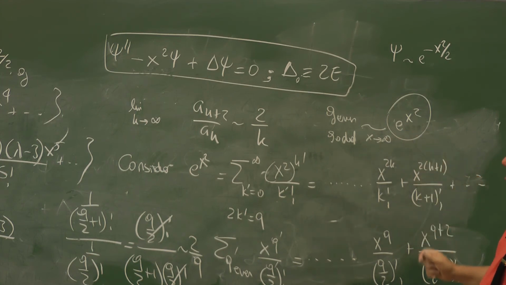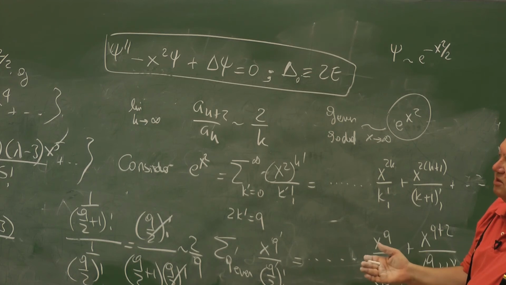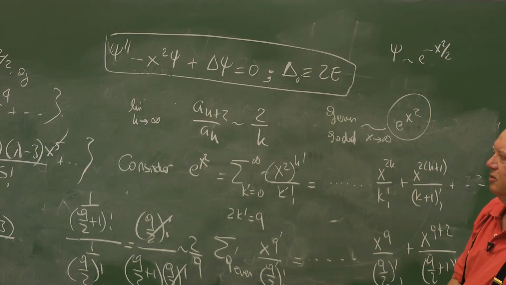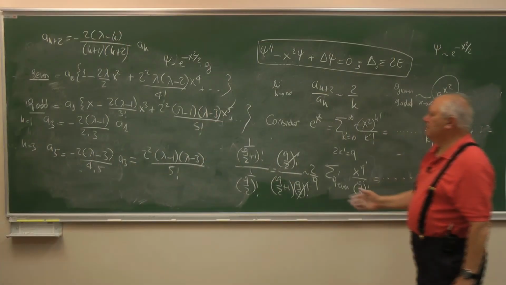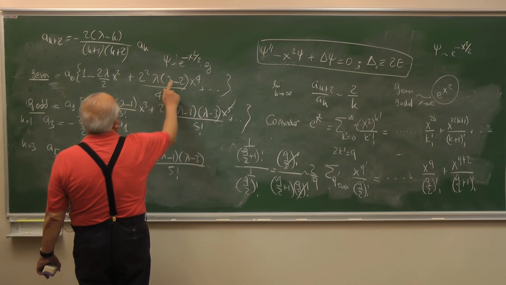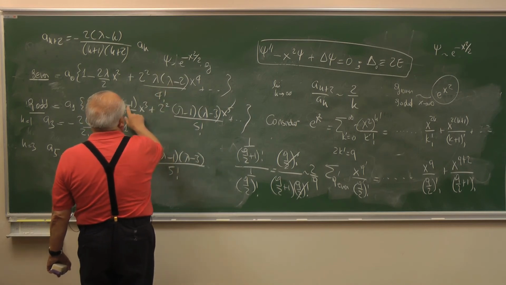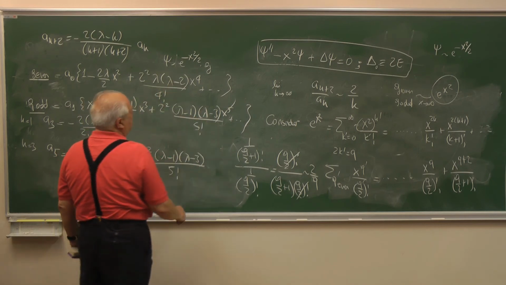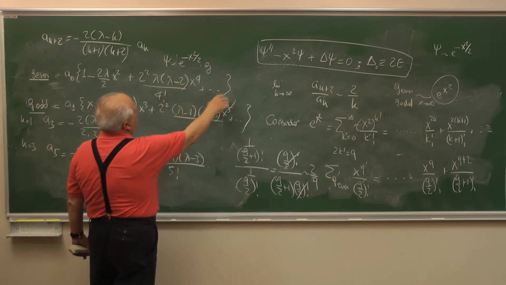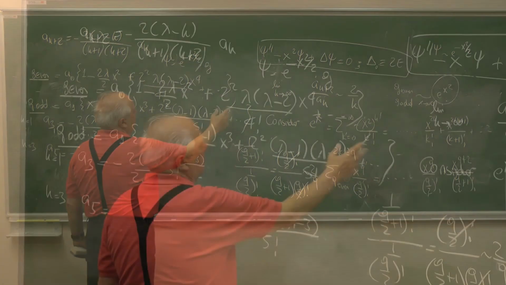Now, what does that mean? That means we have to terminate the series. Well, one is lambda minus 0, lambda minus 2. This is lambda minus 1, lambda minus 3. So the higher terms will be lambda minus 2, lambda minus 4. This will be lambda minus 5.